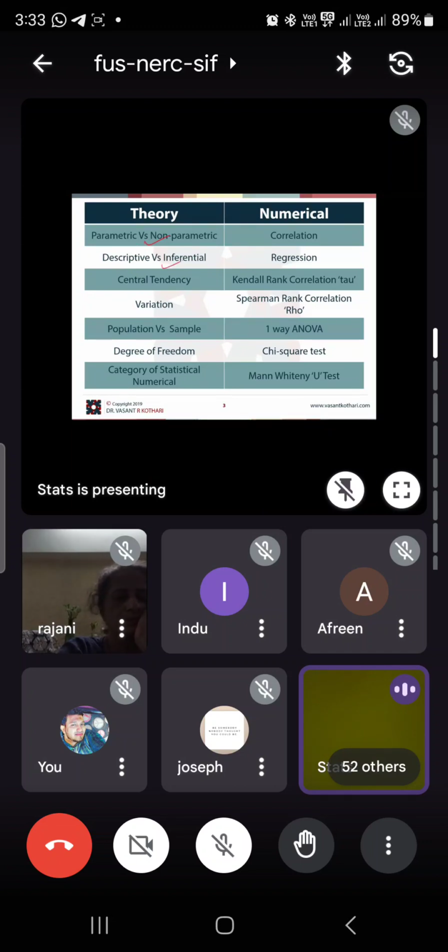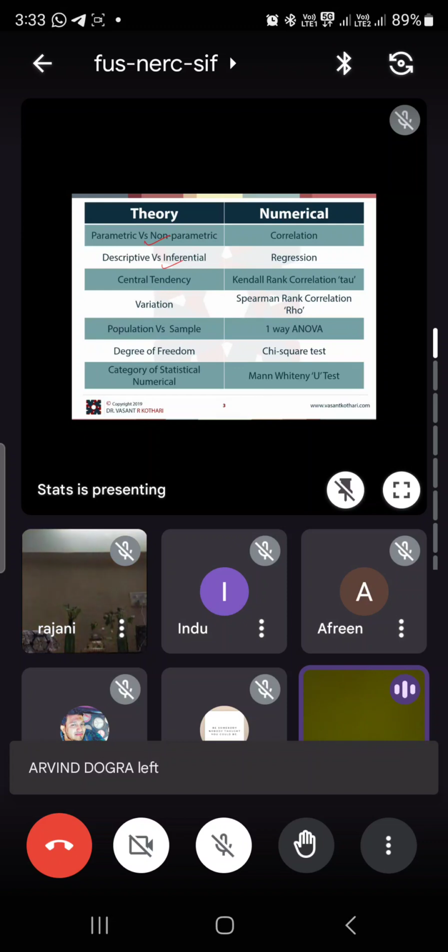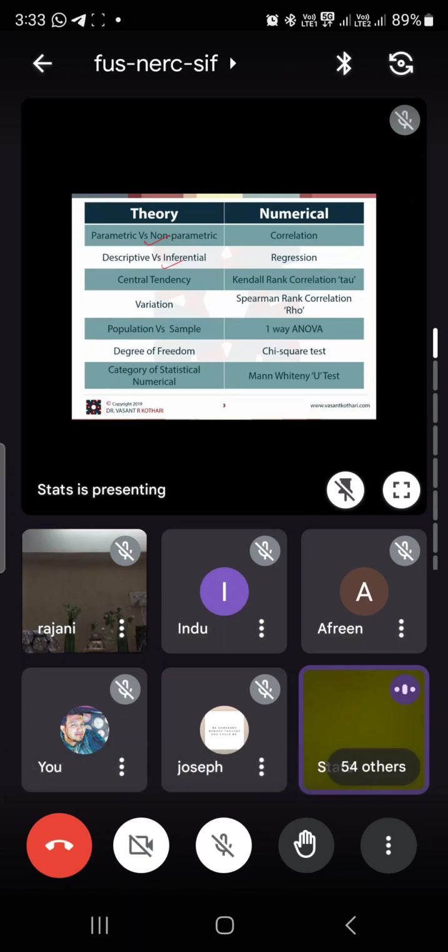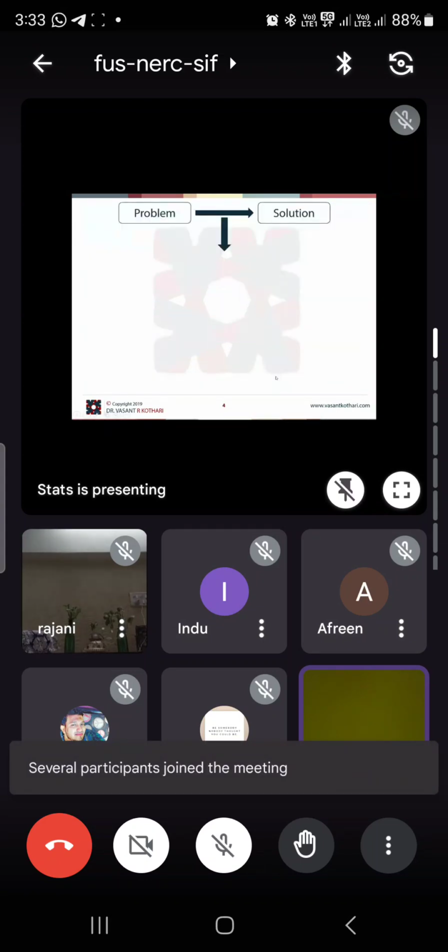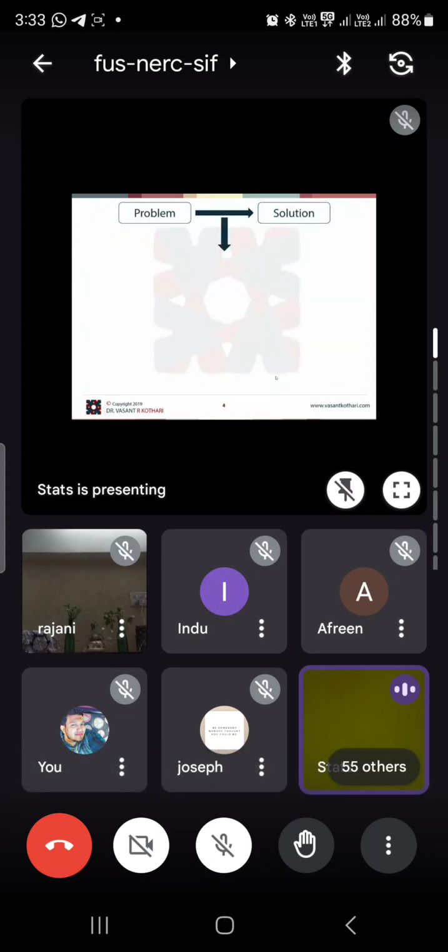Today we'll be discussing two topics: parametric and non-parametric, and descriptive and inferential. Basically, in statistics, we have a problem and we need to look for the solution, and that is the journey from problem to solution.